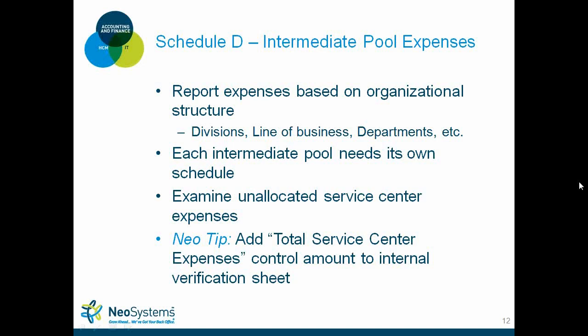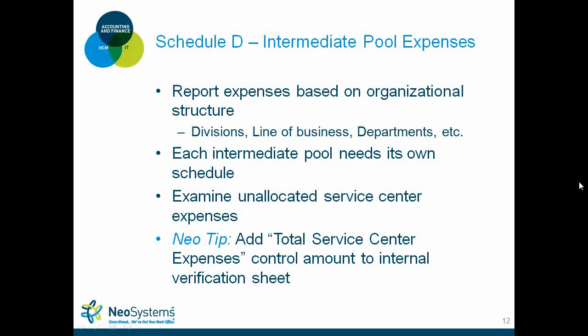And of course, ensure that any unallocated service center expenses, if they're somehow still sitting in those service centers and haven't been allocated out, ask the question why. Why are they sitting there? Should they be there? More than likely they shouldn't be there. So ensure that you are doing the due diligence and going back, and it may be perhaps related to timing.